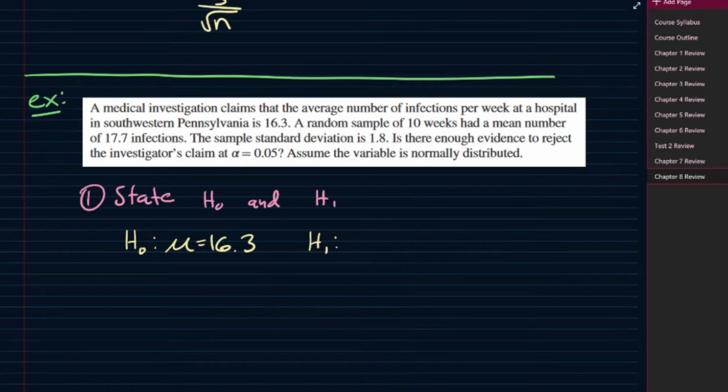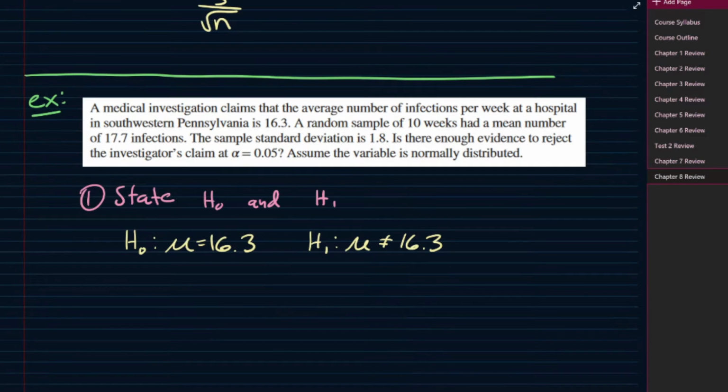This one can be a little confusing. When making a claim, you're trying to see if your claim is wrong, and therefore what you're testing is, is the claim different? Is it actually equal to something else? So in this one, it's going to be a not equal, and we're going to be using a two-tailed test. Another way to see this is it doesn't explicitly say anywhere anything about being greater than or less than anything, or increasing or decreasing.